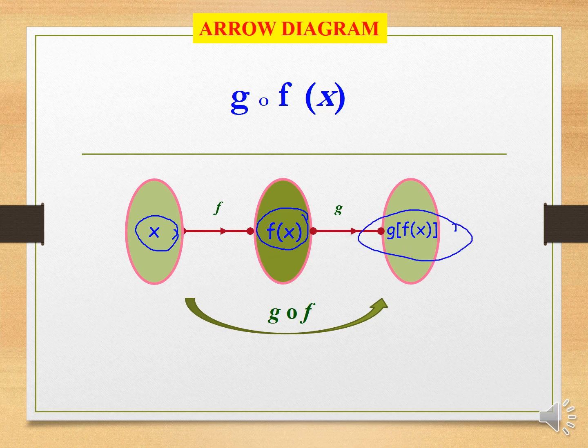Observe that x is the domain for function f, and f(x) is the range of function f. At the same time, f(x) is the domain of function g, and the range for function g is g(f(x)). This is the composite function g composite f.